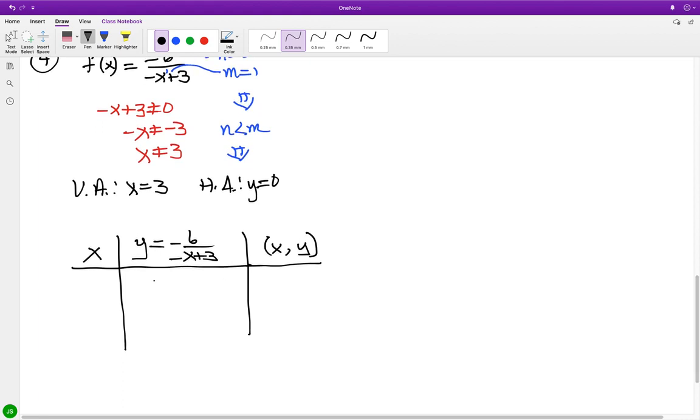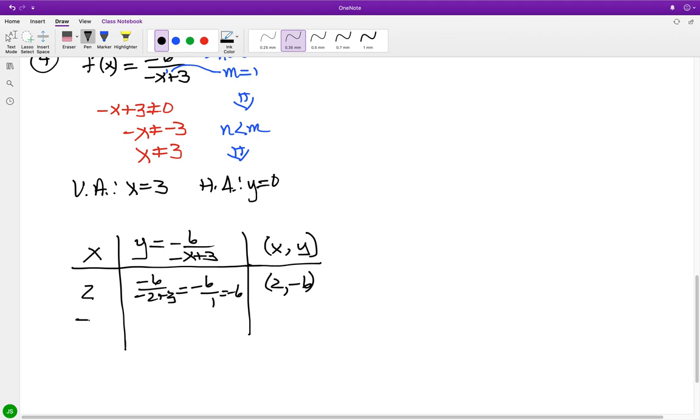So in this particular case, I'm just going to pick out some values. If I have x is equal to 2, for y we have negative 6 over the negative of 2 plus 3. So as an ordered pair, you would have 2, negative 6.